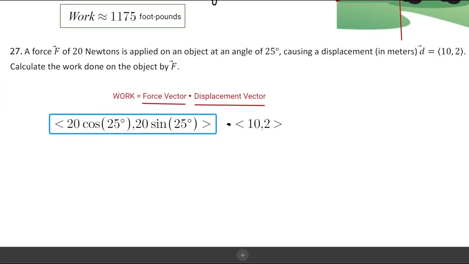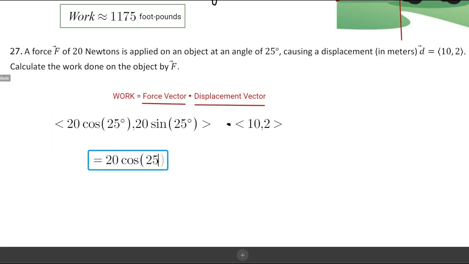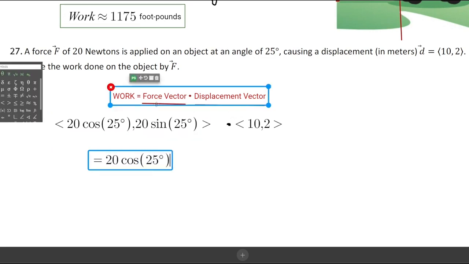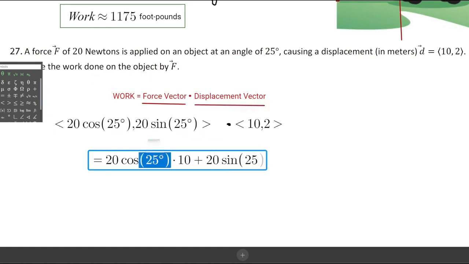So let's go ahead and calculate the dot product here. So we've got 20 times cosine of 25 degrees times 10 plus 20 times the sine of 25 degrees times 2.